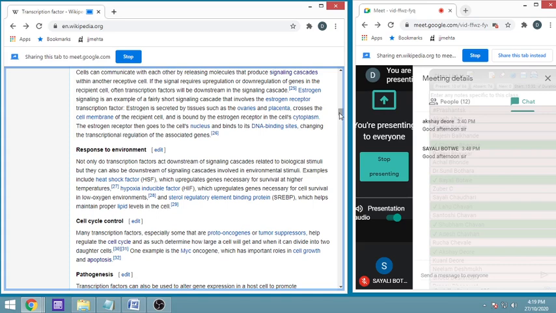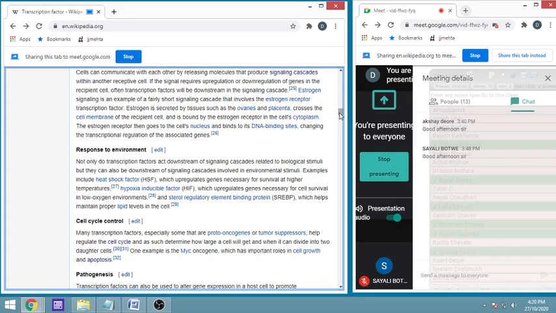Then there is hypoxia inducible factor. I told you at higher altitude oxygen level decreases. So HIF will upregulate the genes which are necessary for cell survival in a low oxygen environment. Then sterol regulatory element binding proteins will help maintain proper lipid levels in the cells. So this is on the basis of the environment.